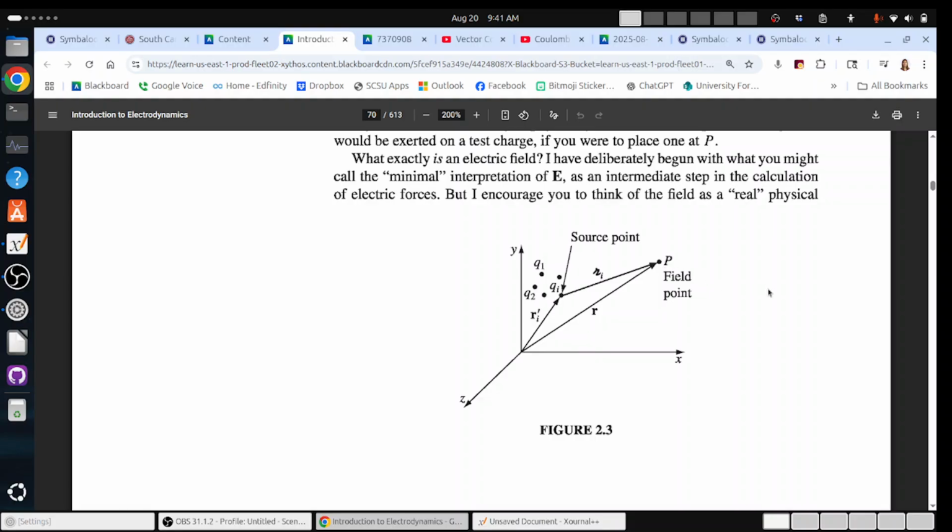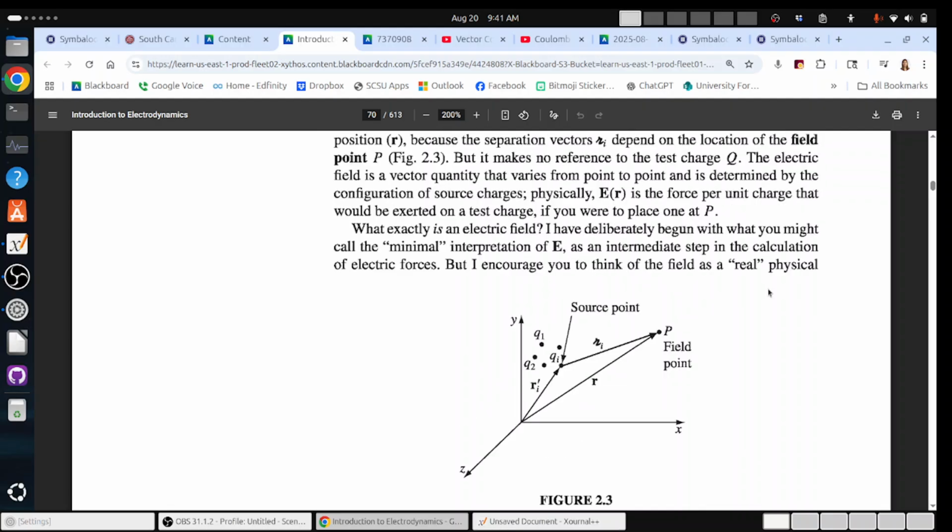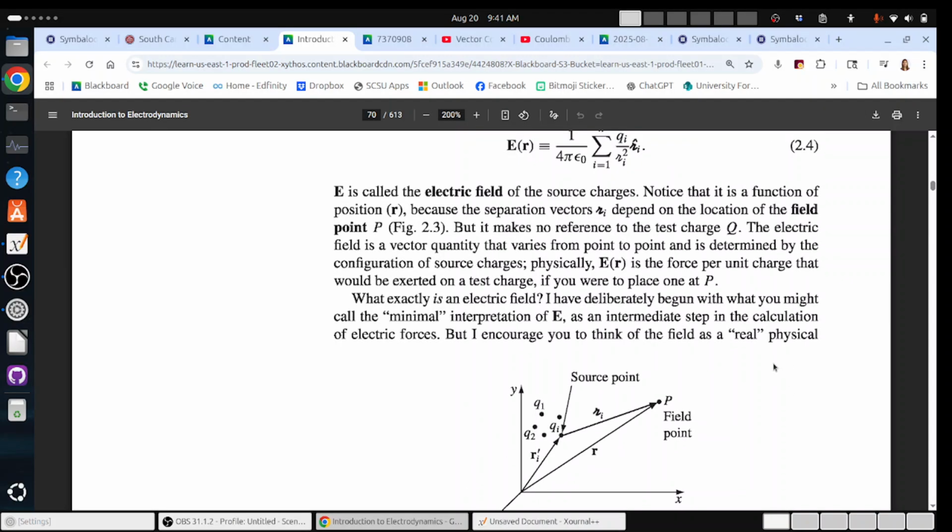Okay? So when they go through and look at that, I want to find that Q, big Q out here at this place. If I were to put a charge there, what force would it feel due to all these other charges? Okay? So they go ahead and make that.